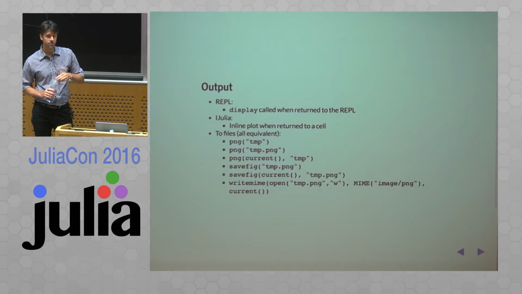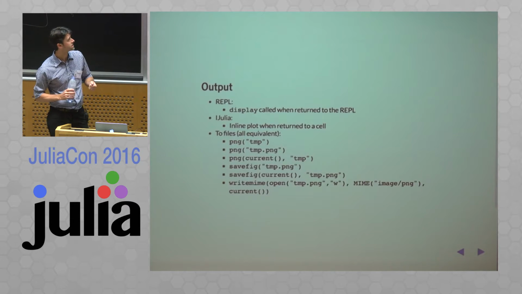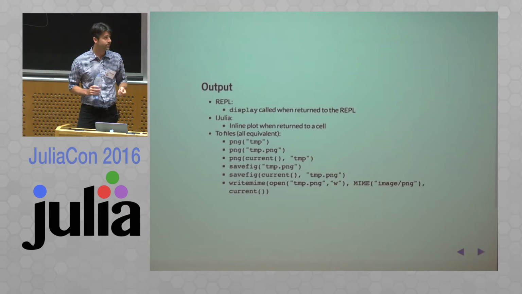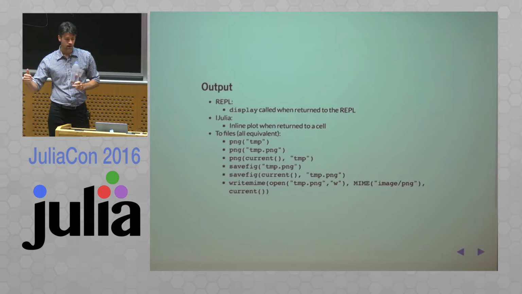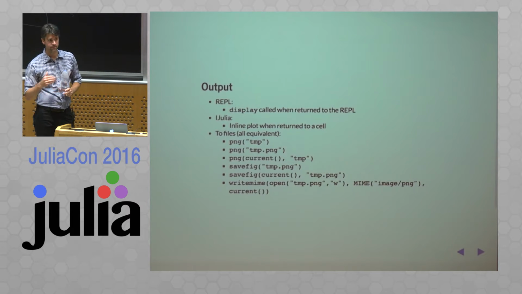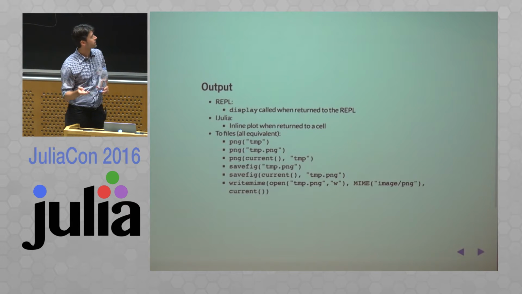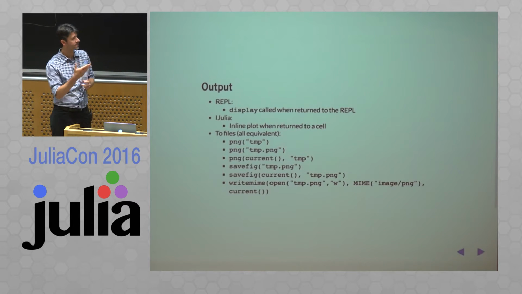The internals are being changed as you're applying transformations and calling plotting commands, and it's not actually displayed or written anywhere until it is returned to either the REPL or an iJulia cell, or if you explicitly call display. And actually, there's a fourth option. If you pass show equals true into a plotting command, then it'll also call display at the end of the command.